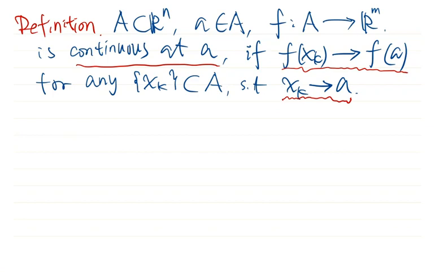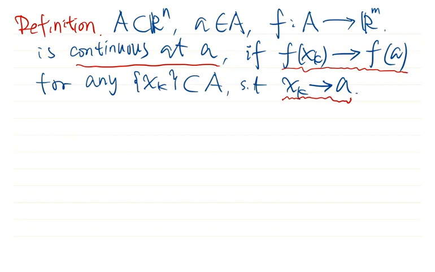Thirdly, we know that a sequence converges to a point a. Intuitively, a sequence x_k converges to a point a means that the distance from this point to that point is smaller and smaller, or the point x_k is closer and closer to the point a.